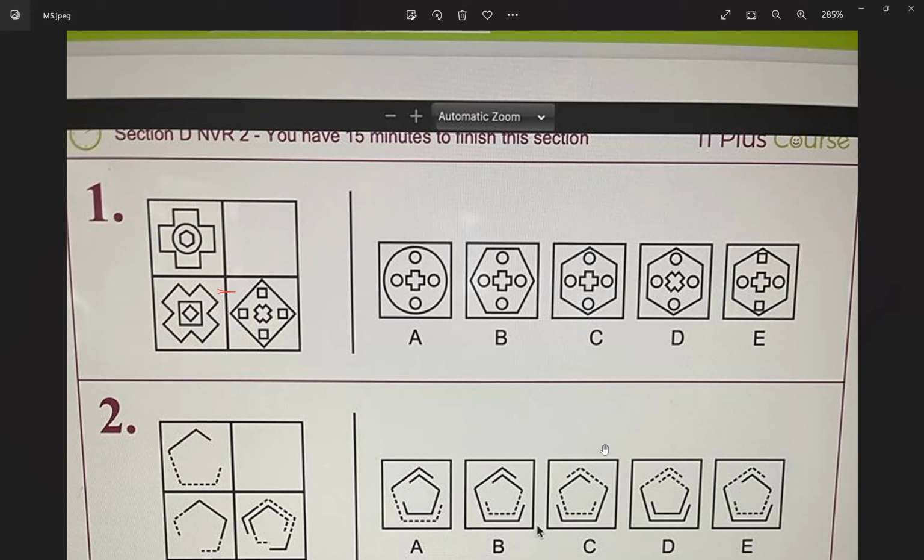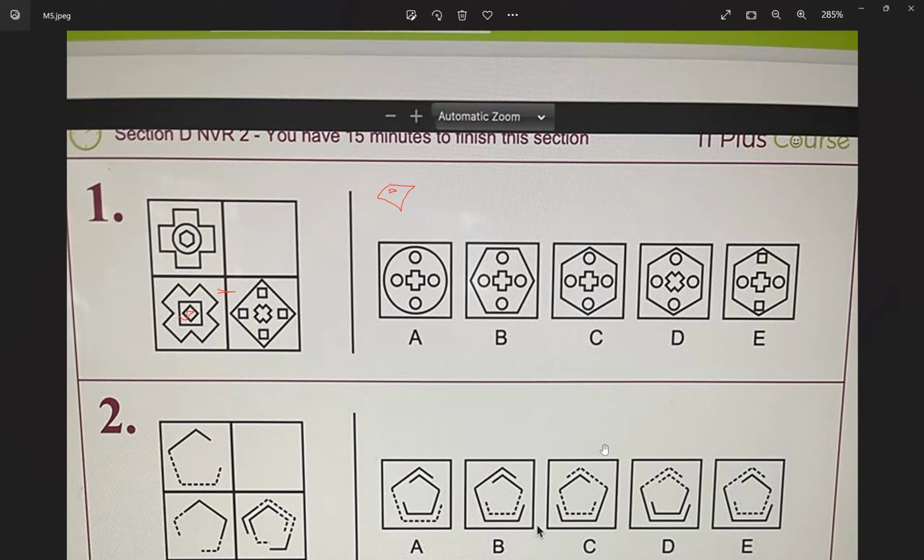So the diamond in the middle will become the big shape, and the diamond that was inside the square, four of them will come on the sides, and then the cross will come in the middle.